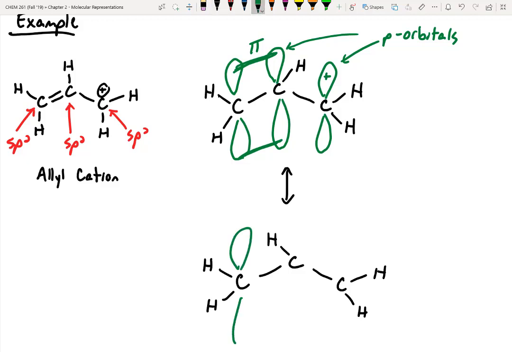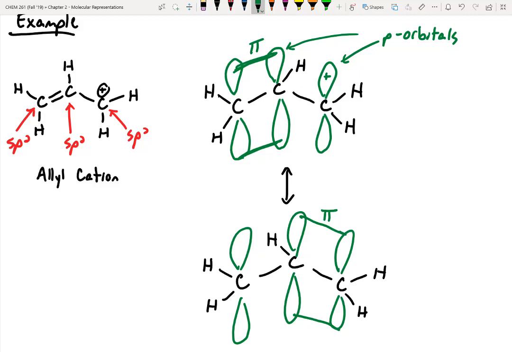We still have these p orbitals, but this time the pi bond is going to migrate over to the right-hand side and form a double bond, so to speak, between those two right carbons.